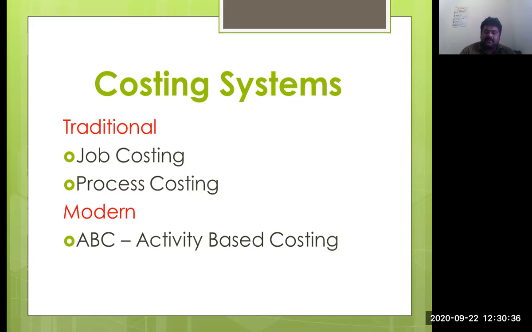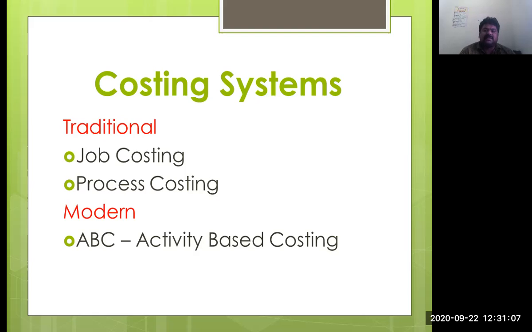For example, if you look at toothpaste of Close-Up company, every paste will be of the same standard. That means whatever ingredients are there in one particular paste are going to be there in the other paste also. Therefore, it is not necessary to calculate the cost of each toothpaste separately. The total cost can be divided by the number of units produced. That is the area we call mass production.